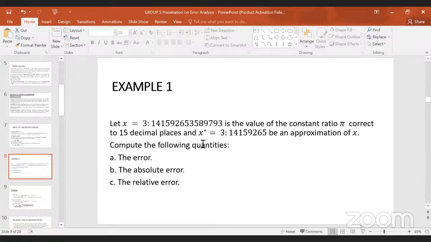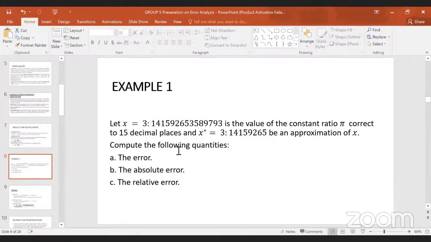Now let's take our test example. We have X equals 3.141592653589793. That's the value of the constant pi. Now we are asked to correct to 15 decimal places, and we're given our approximate solution to be 3.141592653.